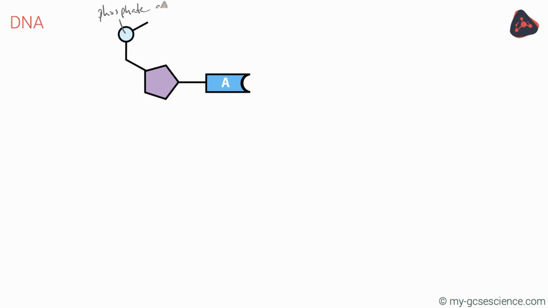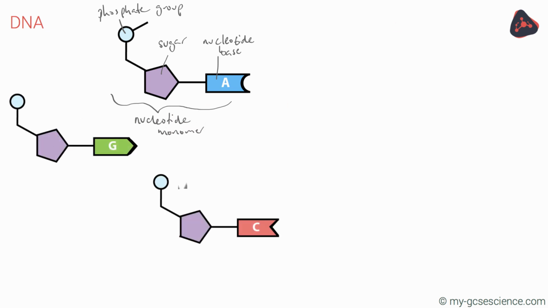The monomers for DNA are called nucleotides, which are made up of a phosphate group, a sugar group, and a nucleotide base. There are 4 different types of nucleotide bases, and therefore 4 different types of nucleotide. We've got A, G, C, and T. These all represent the name of the nucleotides, but you don't need to know the names for GCSE, so we'll just leave them as letters for now.